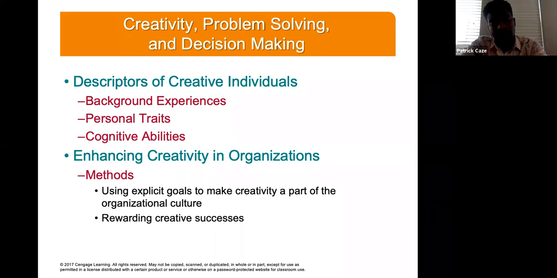Your personal traits, right? If you're risk averse, or if you're very spontaneous or outgoing, or cautious, right? All of those play into how people come up with their creativity and how open they are to being creative and trying to solve different problems. And then your cognitive abilities, right? How smart you are and the way you think.